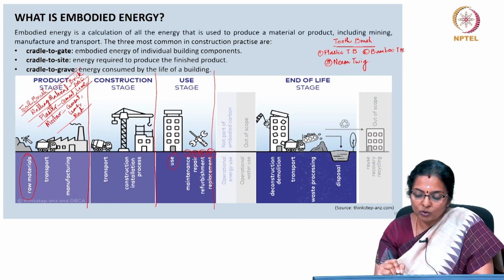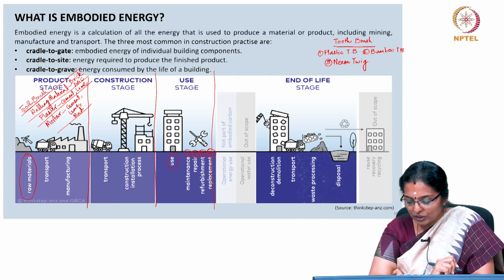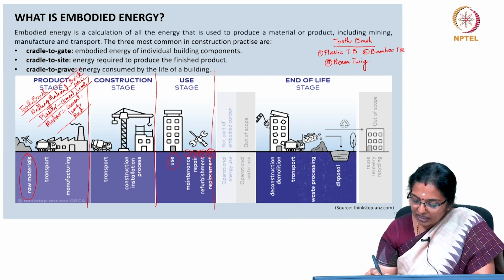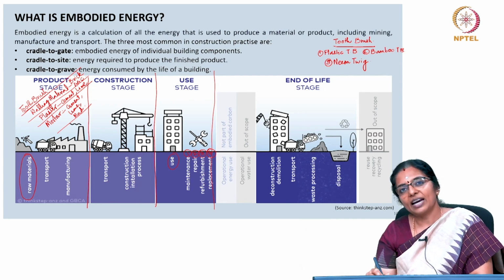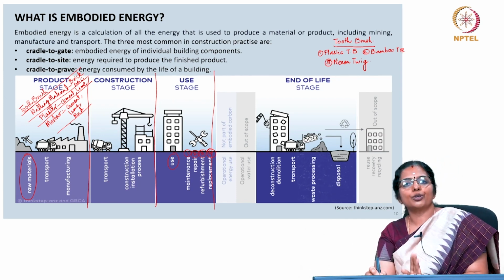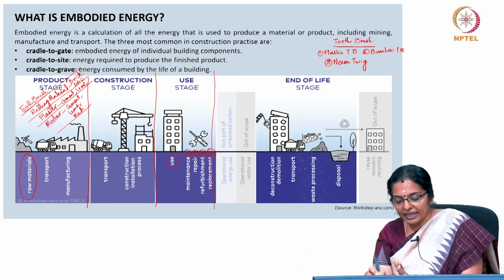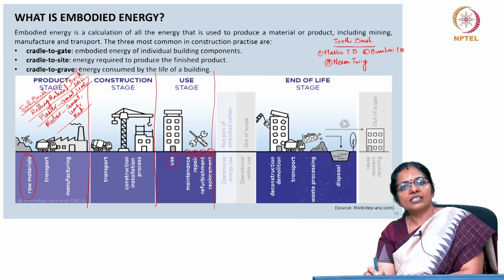This comprises use stage, and then you have end of use stage, which is deconstruction, demolition. Can we make it dismantleable? That is the kind of choice you should make. Should it be deconstruction, demolition, or should it be dismantleable?